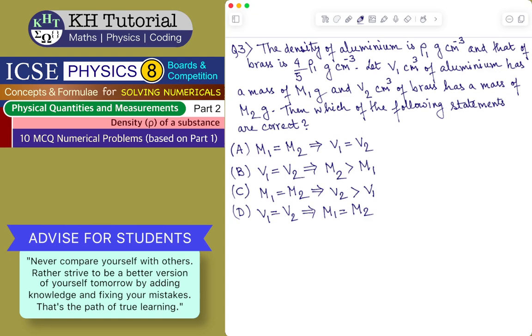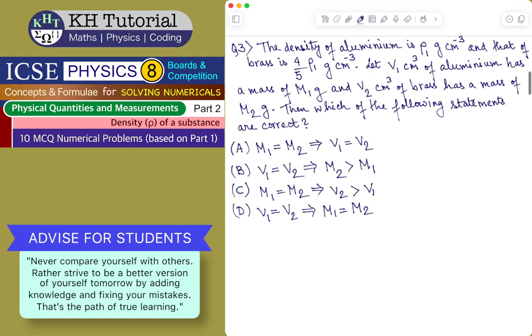Using the formula of density, which is mass per volume, let's see what equation or relation we get from the given data. Since it is given that V1 centimeter cube of aluminium has a mass of m1 gram.